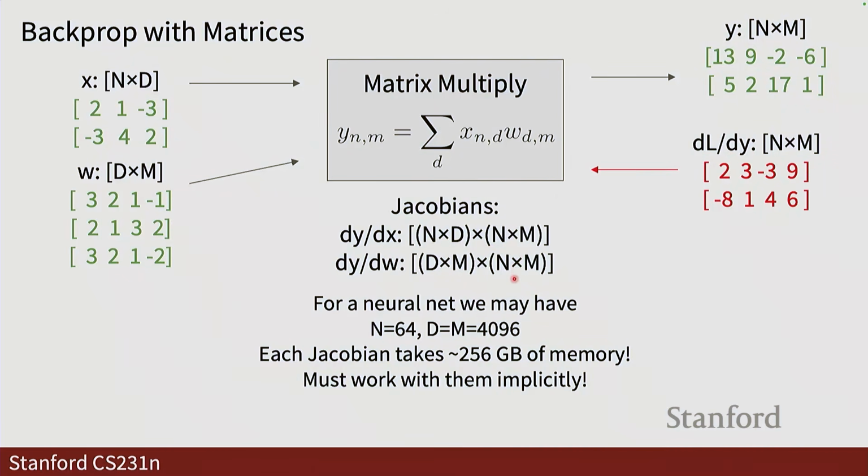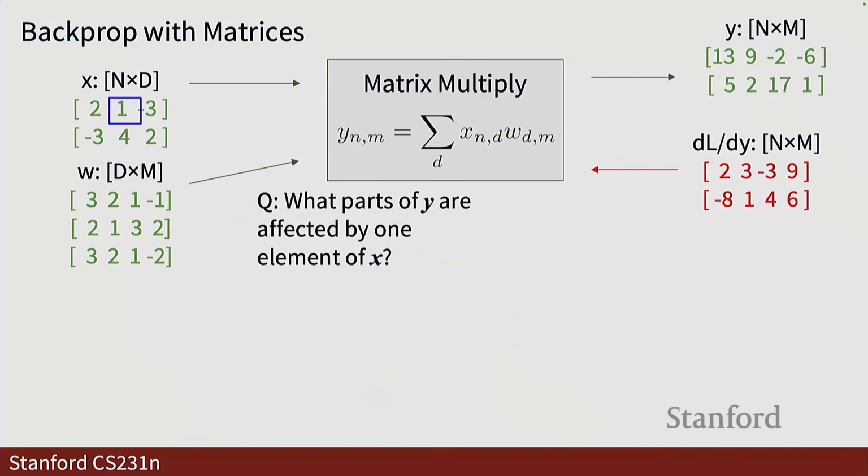Say we have a mini-batch size of 64 and the dimensionality of those matrices is 4096. Then that huge Jacobian matrix will be over 256 gigabytes for just one single matrix multiplication.